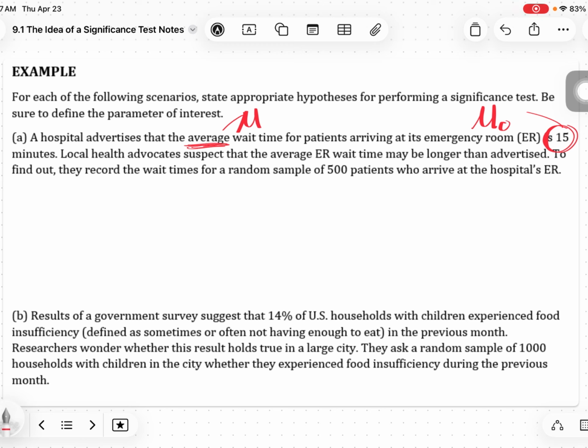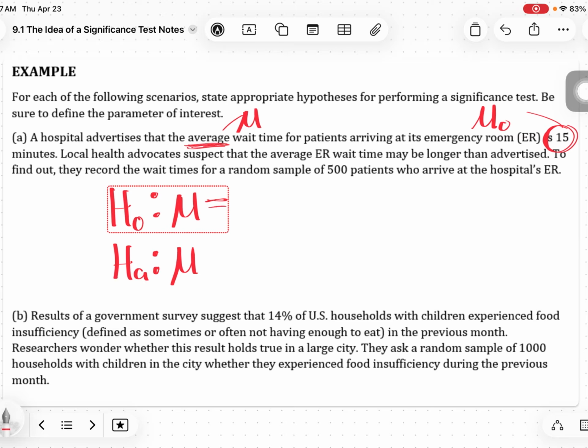And so we want to write our hypotheses. So right there, we know it's going to be mean for both of them. The null hypothesis is always going to be equals to, and then we have that value of 15.